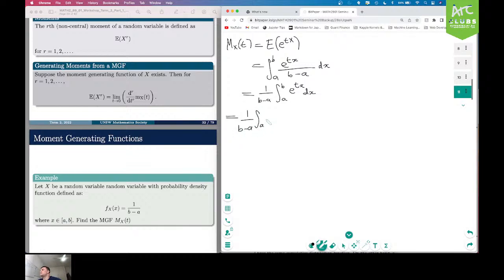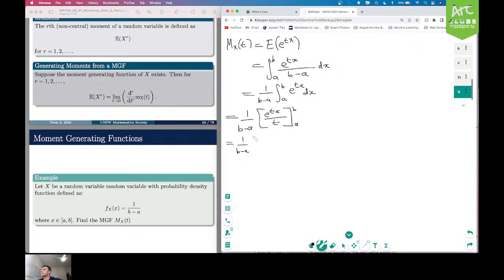Now again, nothing overly complicated about this integral. All that you do is e to the f of x over f dash of x. So we're going to write e to the tx over the derivative of tx, which is just t, and we're going to evaluate that between a and b. And so what we get here is 1 over b minus a.